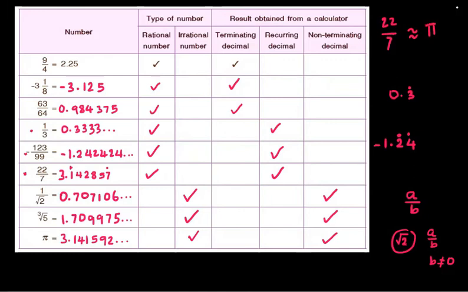They have never been equal. Pi is near to 22 out of 7, but they are not equal. That's why 22 out of 7 is a repeating decimal, but pi is not a repeating decimal. That's why we say 22 out of 7 is a rational number and pi is an irrational number.